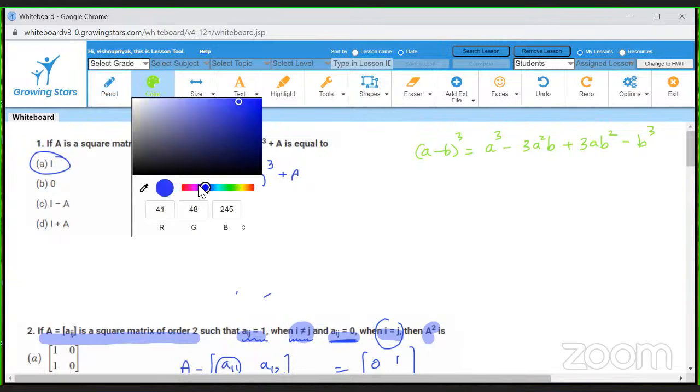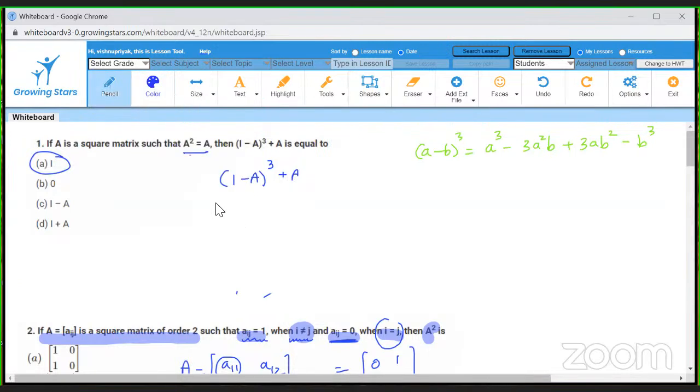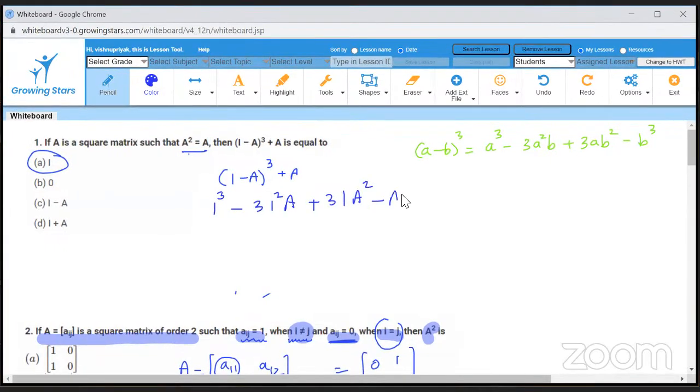When you use this formula, you will have I cube minus 3I square A plus 3I A square minus A cube.